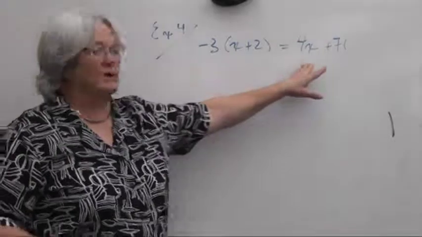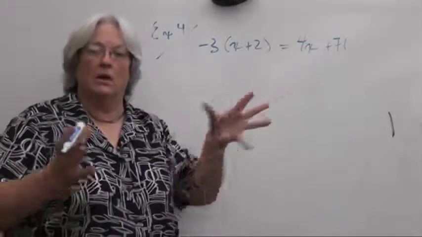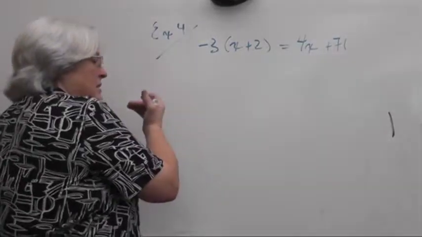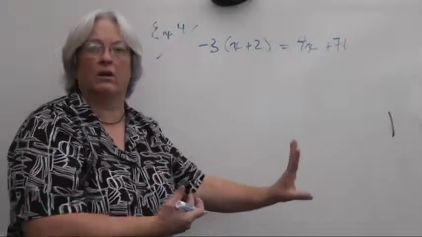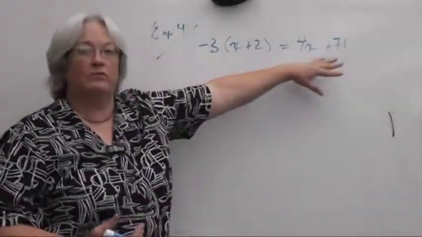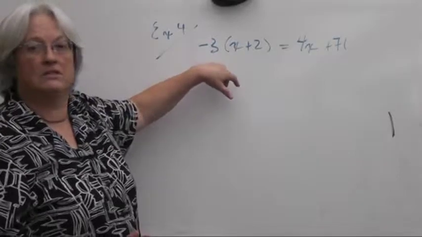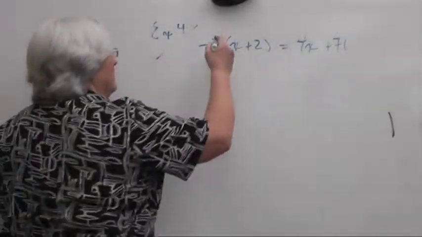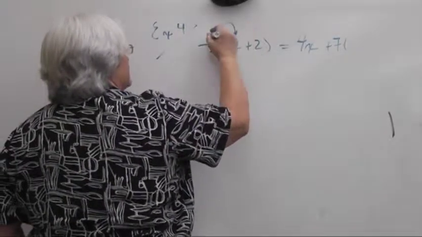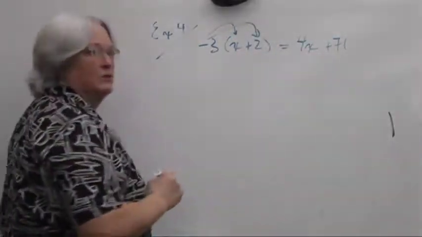We have values of x on both sides of the equation. We want to get those x's on either the left side or the right side. What do we have to do first? We're going to have to distribute this -3, but we've got the negative sign. So we have -3 times x, we have -3 times a +2.